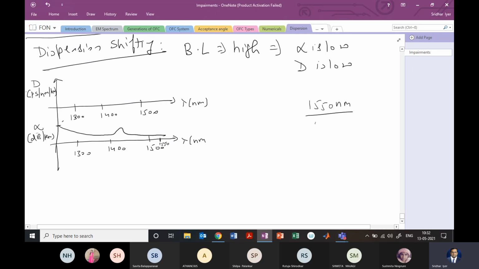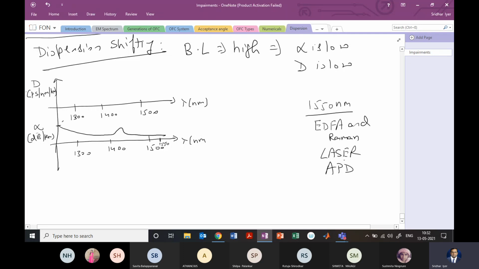We can use an amplifier known as the erbium doped fiber amplifier and the Raman amplifiers at this wavelength. We can use a laser at this wavelength as the source, and we can use the APD, that is the avalanche photodiode, also at this wavelength.